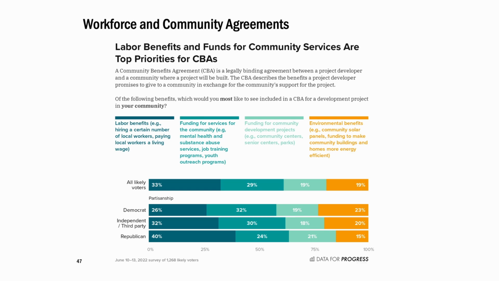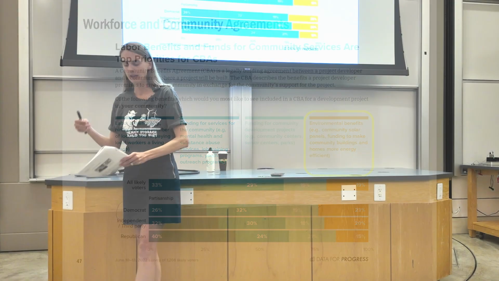are what are called community benefits agreements, which are legally binding agreements that are a part of the renewable energy project development process that specify how the project is going to provide benefits to the community, whether you're talking about labor benefits and hiring local workers and training local workers to construct the project, or funding community projects like schools or parks, or funds to support local environmental initiatives, kind of like environmental offsets for the project.